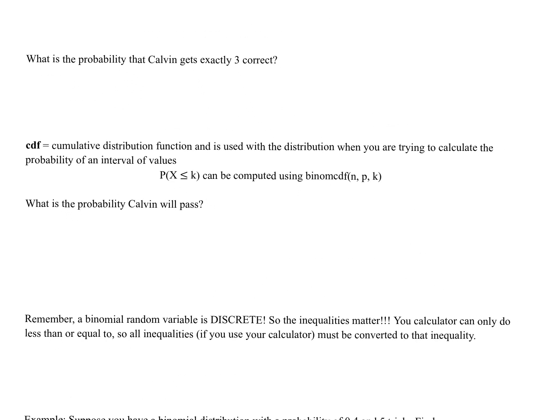So we'll go to binomPDF. Okay. N is going to be 5. So our trials are 5. Our P is going to be 0.5. That's our probability of success. And our X value is going to be 3.